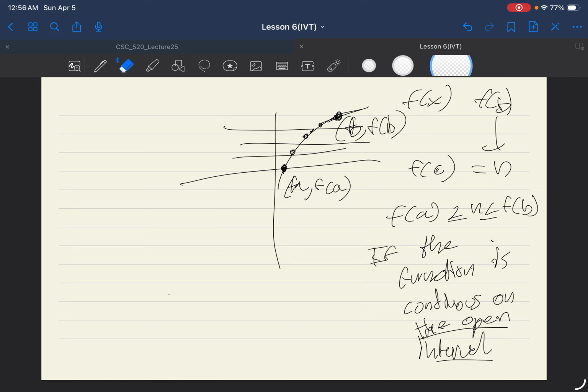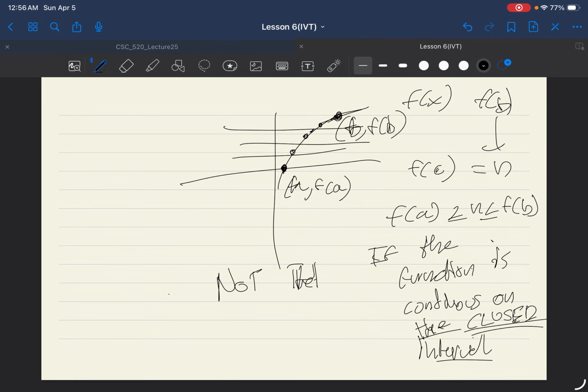I believe... Oh, it's not the open interval. It is the closed interval. All right. It must be the closed interval. My apologies. My memory slipped past me there. Why is it not the open interval?